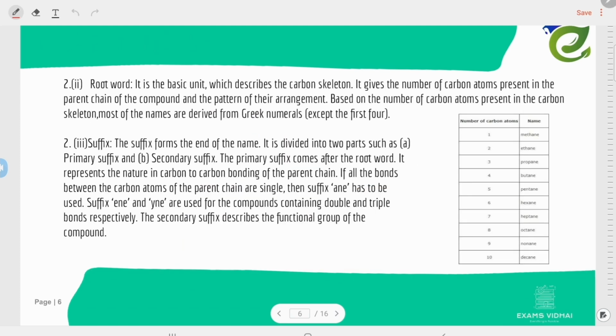Root word. It is the basic unit. Root word is also known as the parent word, which describes the carbon skeleton. It gives the number of carbon atoms present in the parent chain of the compound and the pattern of their arrangement. Based on the number of carbon atoms in the carbon skeleton, most of them are derived from Greek numerals.